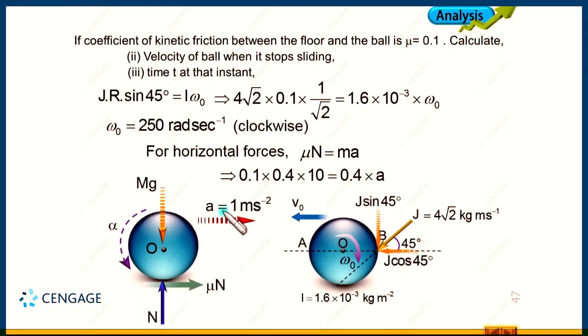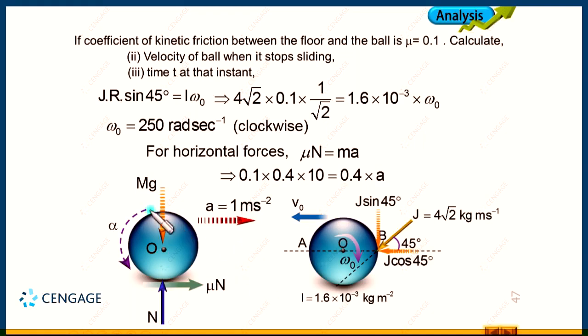In fact, it will retard the linear velocity of the center of mass of the ball. Now let us move to calculate this value alpha, that is the angular acceleration. For calculating the angular acceleration, we need to use the torque equation, and we can apply the torque equation only about the centroidal axis, because we don't have any instantaneous axis of rotation in this situation, because the ball is sliding.